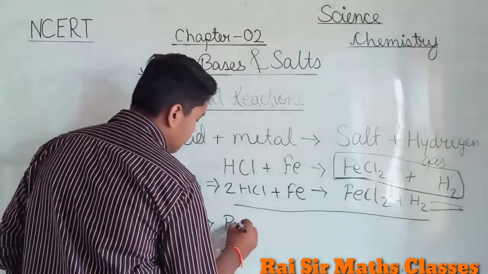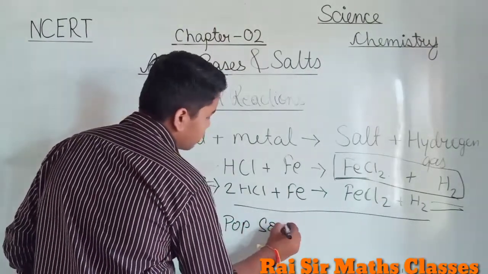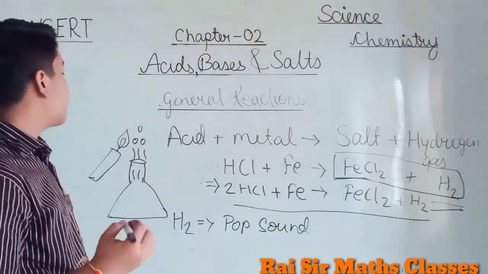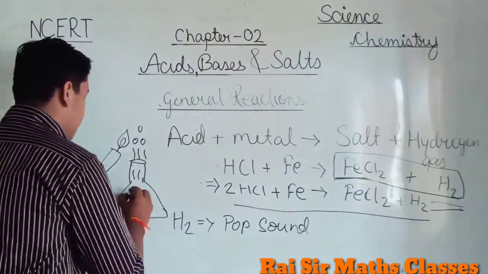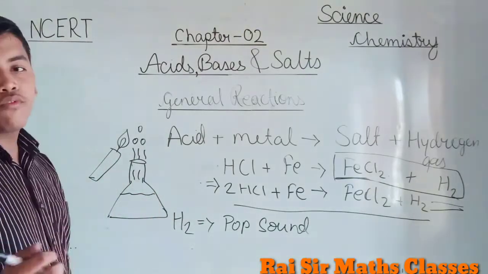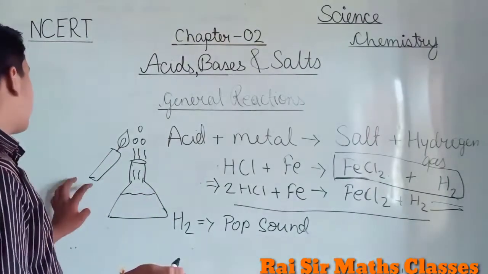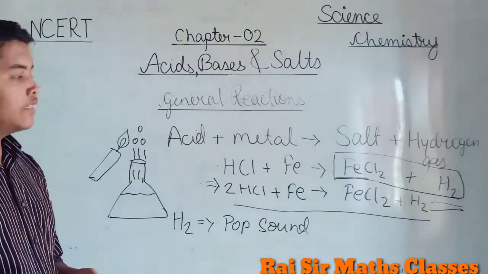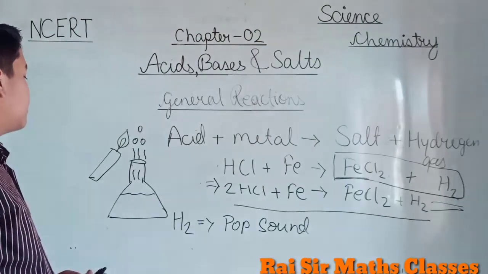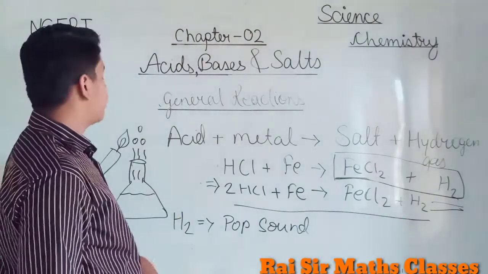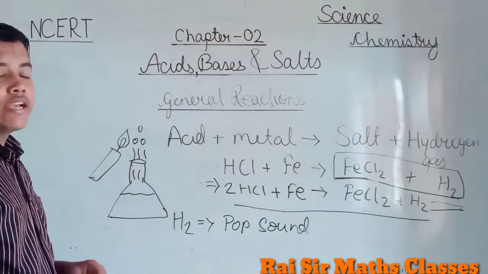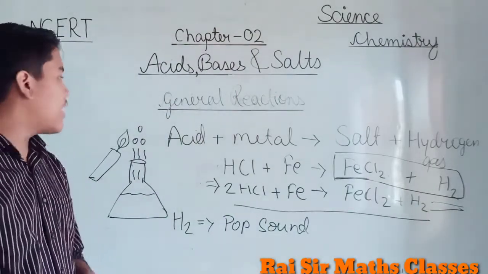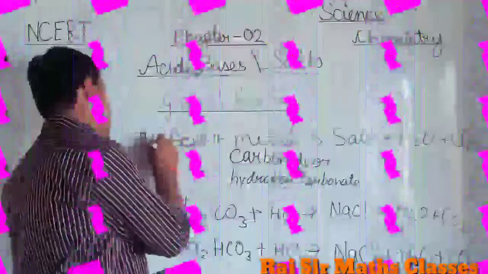So while doing an experiment in the chemistry lab, if your teacher asks which type of reaction is taking place, and the metal reacts with the acid, then you can say, without knowing that hydrogen gas is formed, you simply put the candle near the beaker and it will make the pop sound.